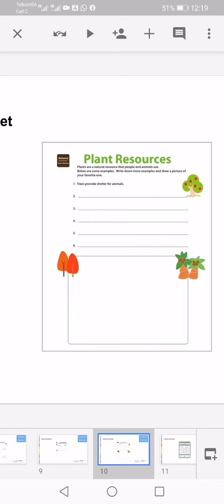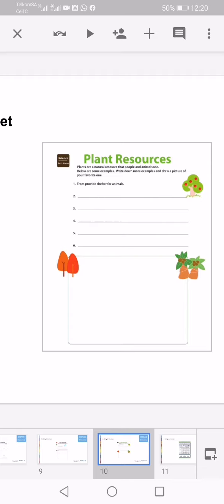Write down examples and draw a picture of your favorite one. Number 1, trees provide shelter for animals. So you need to list 5 other examples.